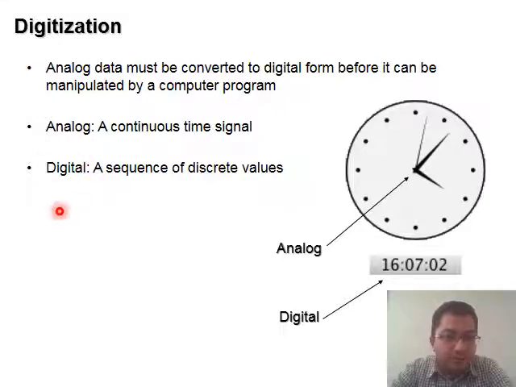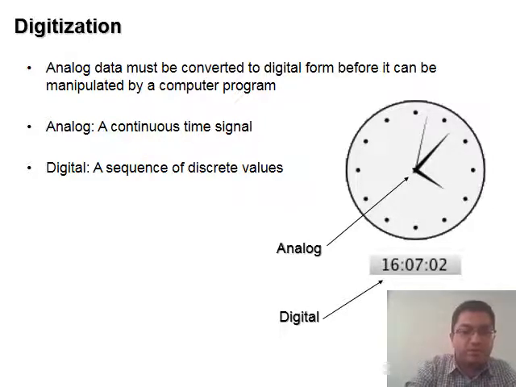While in digital form, there is a sequence of discrete values, meaning that the data is not available at all time points. There might be some time points where you do not have data. This is the main difference between analog and digital, and we will have more about this later on. But analog, as I said, is a continuous time signal.